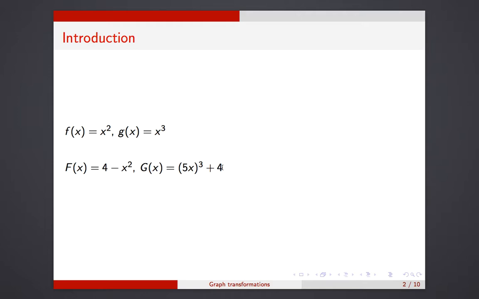So the point of this section is, if you understand what that looks like, then you understand what things like these look like. If you know what x squared looks like, you should be able to tell me what 4 minus x squared looks like. 4 minus x squared is similar enough to x squared that you should be able to picture that as well.